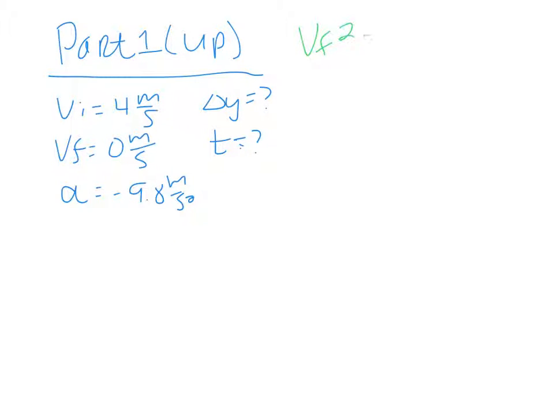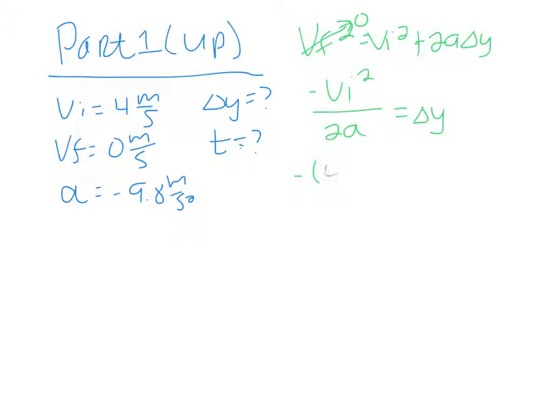V final squared equals V initial squared plus 2a delta y. For the up only, my V final is 0, so that goes away. Isolating what I'm solving for, negative V initial squared over 2a gives us delta y.